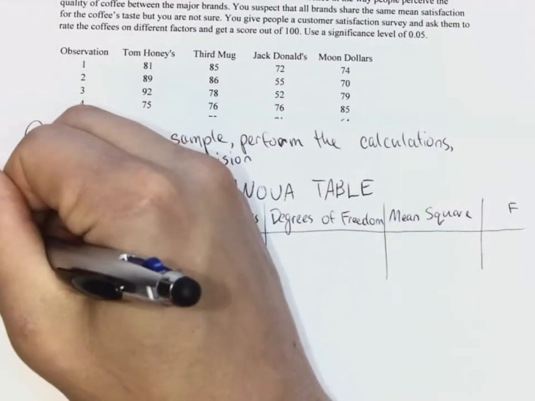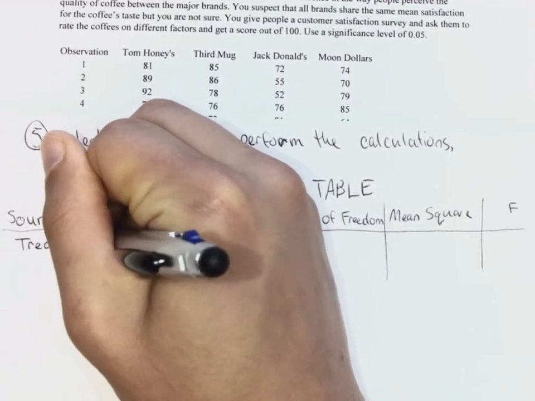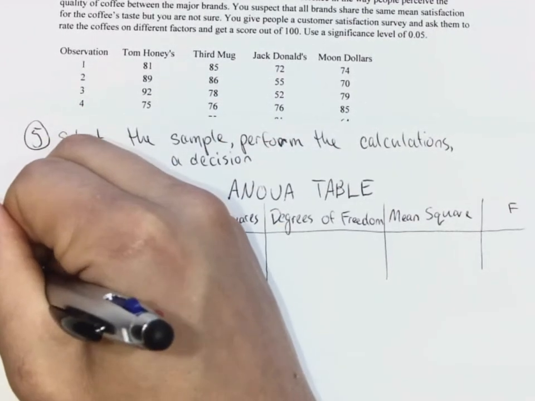Our source of variation will come from our treatments and our error.